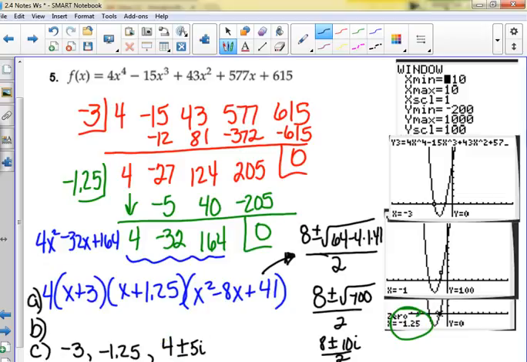So we got the zeros. How are we going to list out the linear factors? We have to have that 4 somewhere that we put out front, or we have to distribute it through one or the other. So 4x plus 3, x plus 1.25, and then this is going to be what?